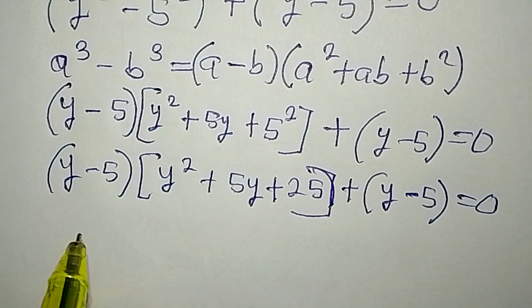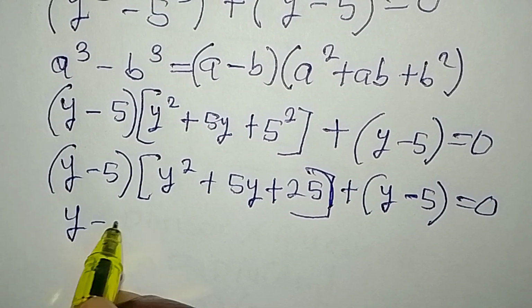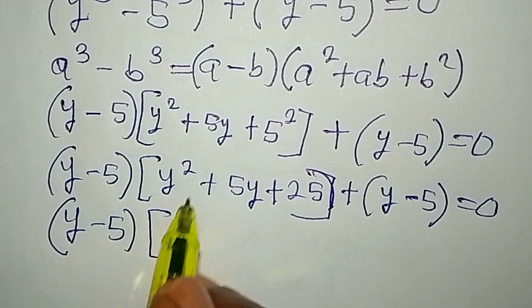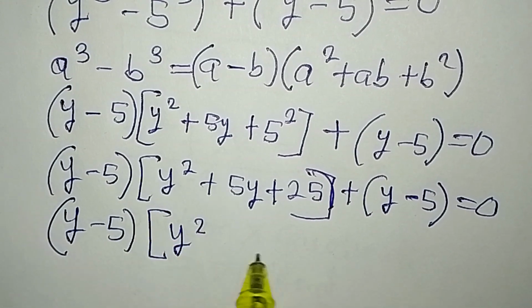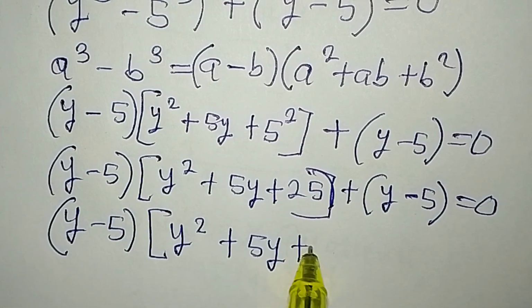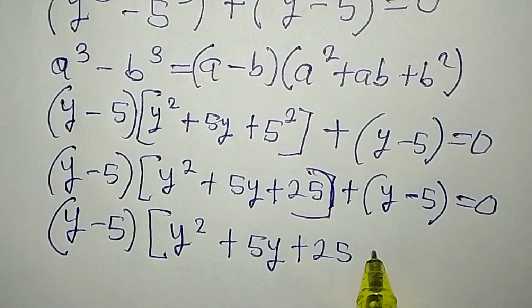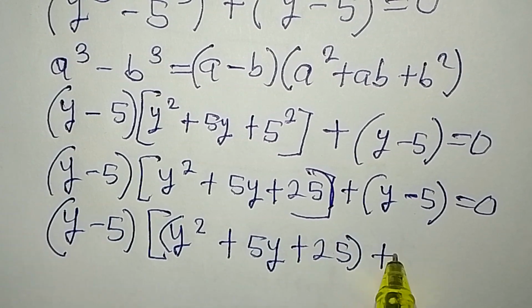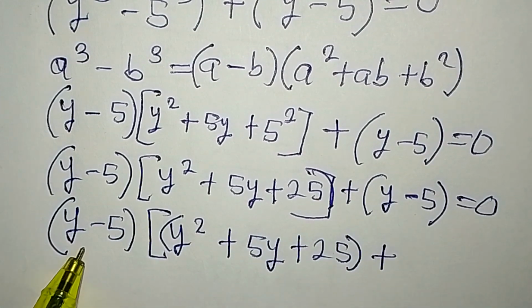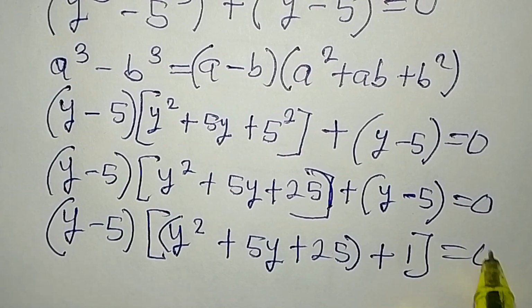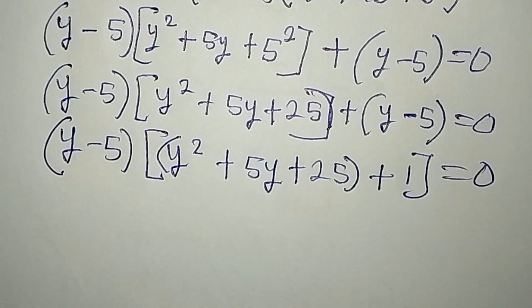We are going to factorize it. So y minus 5 is a common factor. Then in here I have y squared plus 5y plus 25, right? And then we have plus y minus 5 divided by y minus 5 is 1. So we can now close this and equate to 0.